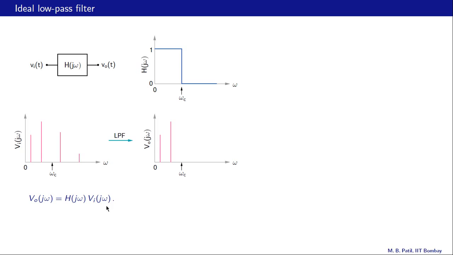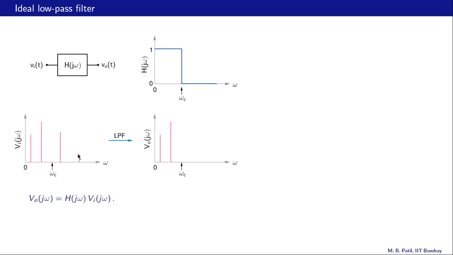Here is an example. Let's say our input voltage has various frequency components or Fourier components, 1, 2, 3, 4 components, and these components will have different values or amplitudes.